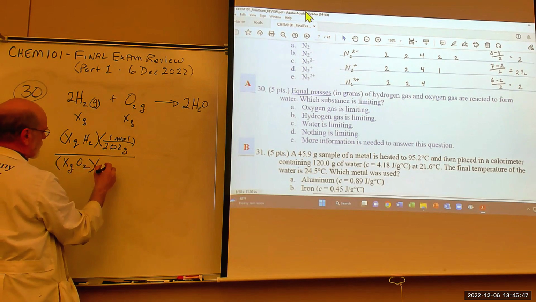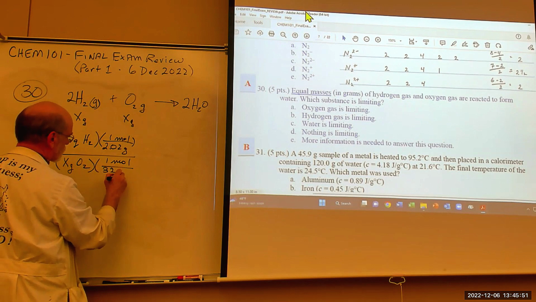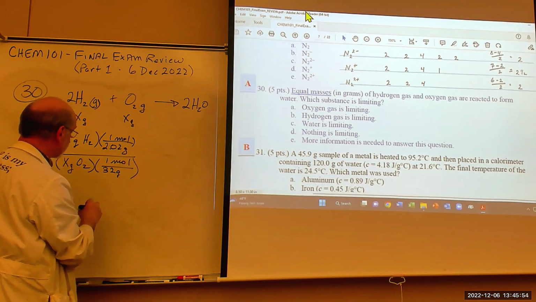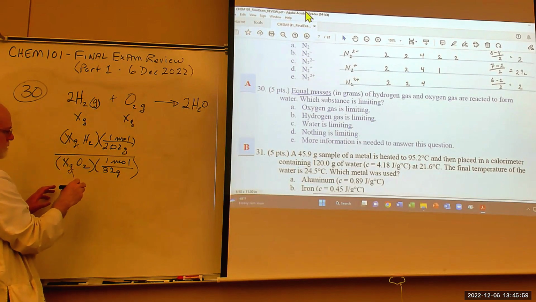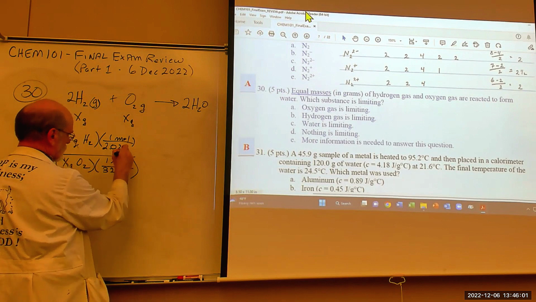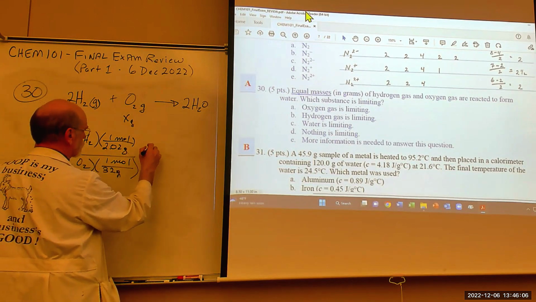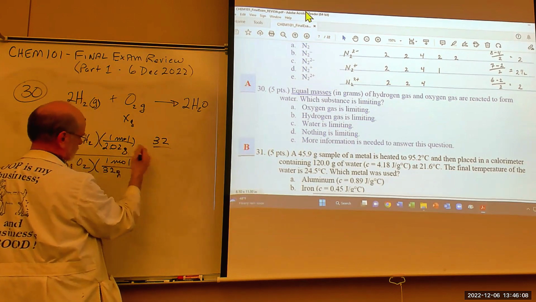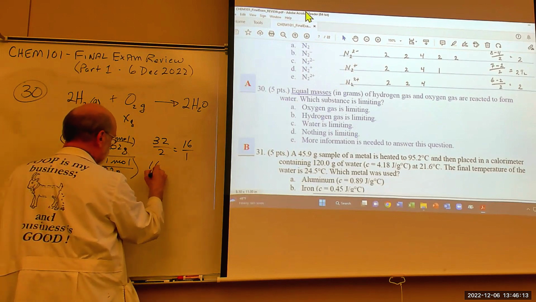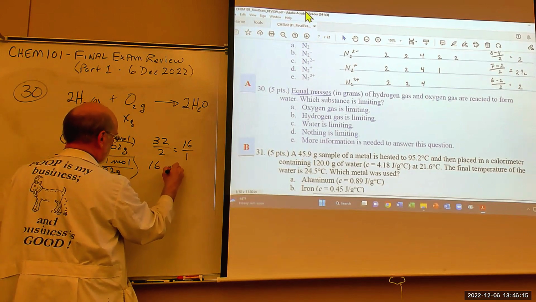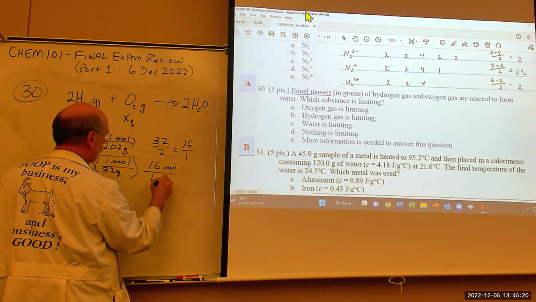Oxygen is, for every mole, 32 grams. Okay? So the grams cancel. We have 32 on top of 2, roughly, which is 16 to 1. So 16 moles of hydrogen to 1 mole of oxygen.